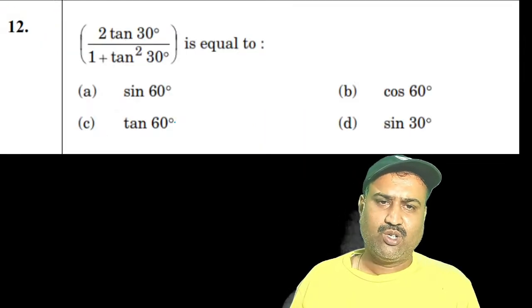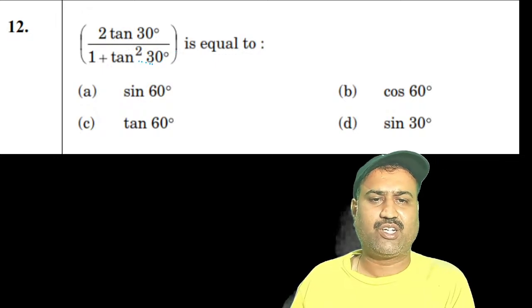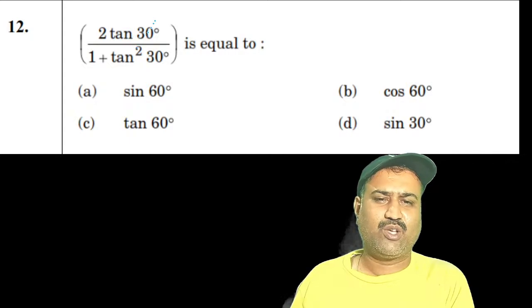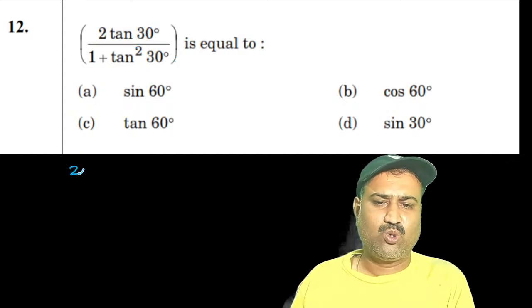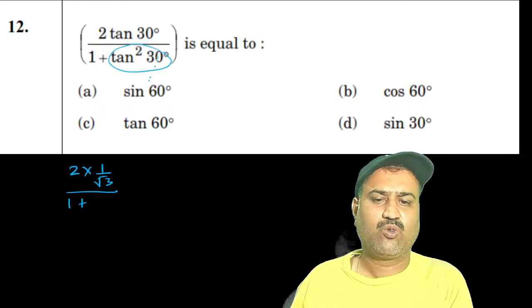12th question. 2 tan 30 upon 1 plus tan square 30 degree. Just substitute the values here. 2 into tan 30, I know tan 30 is 1 by root 3, whole divided by 1 plus tan 30 is 1 by root 3, whole square is 1 by 3.